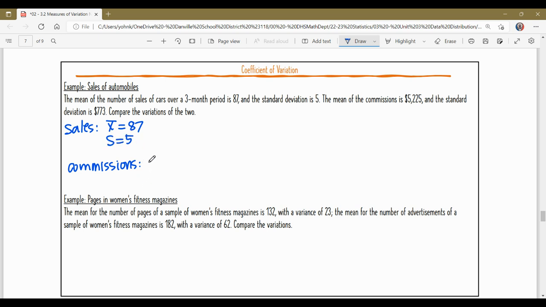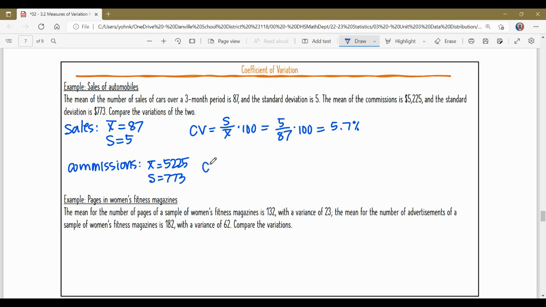For commission, we have a mean of 5,225 and a standard deviation of 773. I need to find the coefficient of variation, which is the standard deviation divided by the mean times 100. So I'm going to take 5 divided by 87 times 100. Rounding to the nearest tenth of a percent, we get 5.7%.